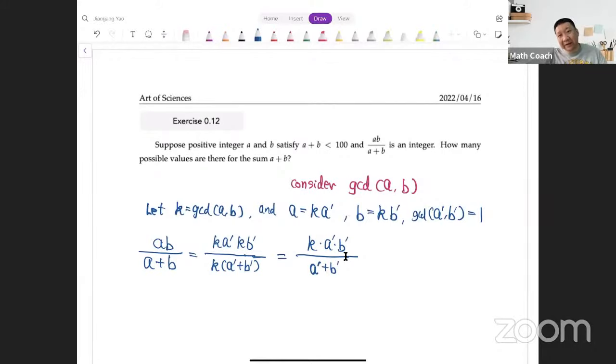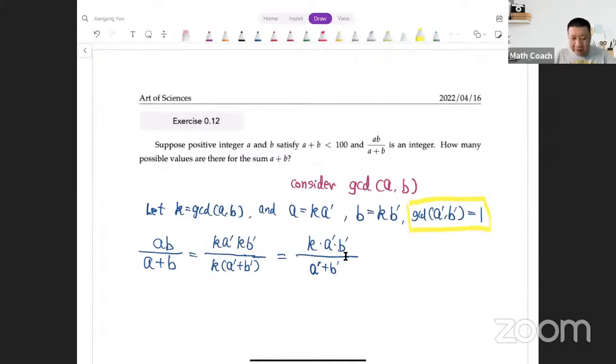a' is at least 1. b' is at least 1. Definitely a' plus b' cannot be 1. It is a real number. Given that it's a real number, what does it mean? It means whatever prime factor is in a' plus b' must come from K, or a', or b'. However, remember this condition: a' and b' have no common factors.